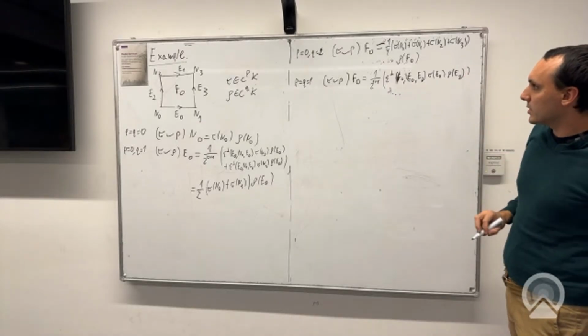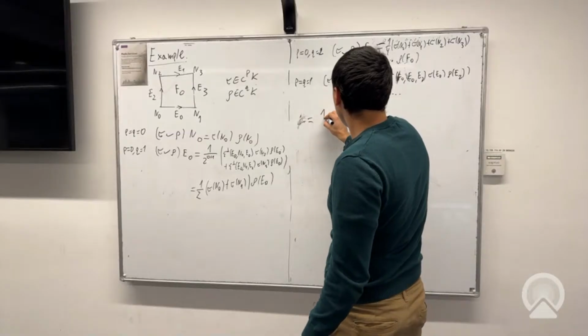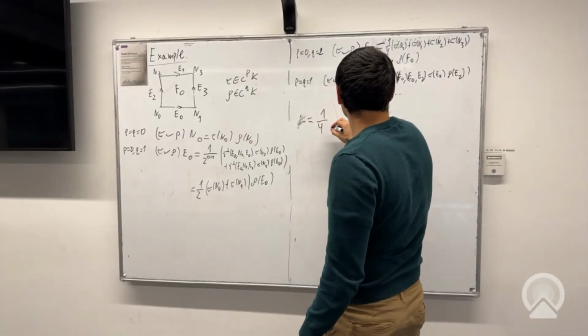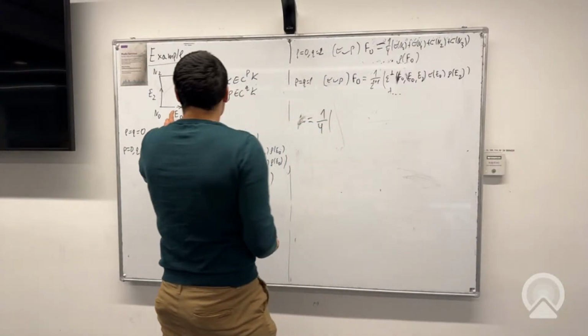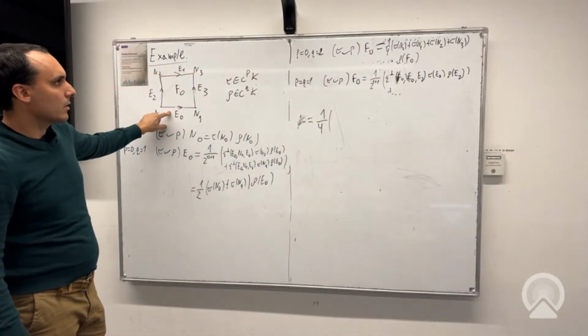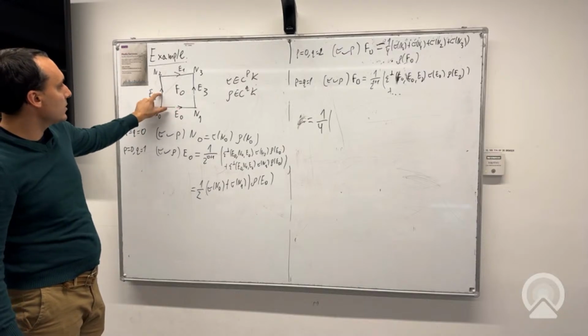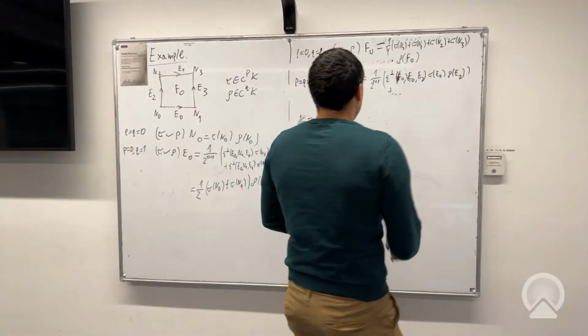Plus, I'll have a lot of terms, all of them, but the end result should be 1/4, and then, for example, this will be E0 with E2. This is dx, this is dy, so the whole result will be +1.